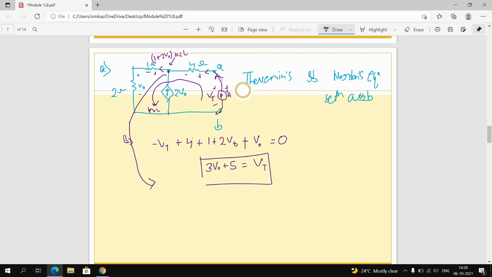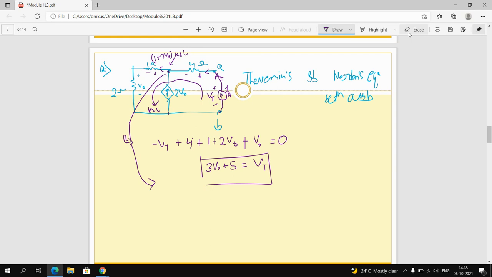Wait a second, I will check. That is VT plus 1 into 4 is 4 volt, and 2 v naught plus 1 into 1, equal to this, and multiply by 2.